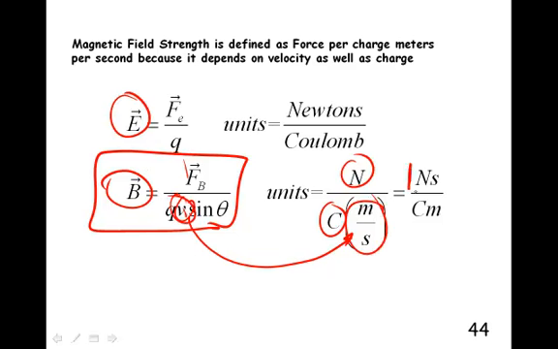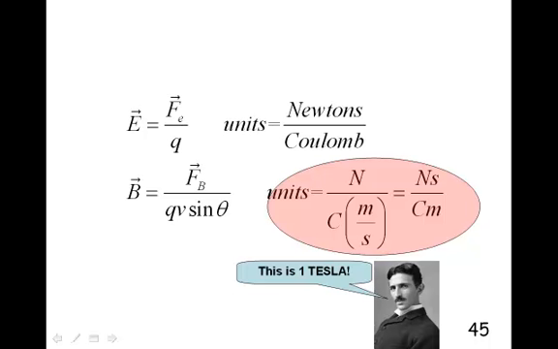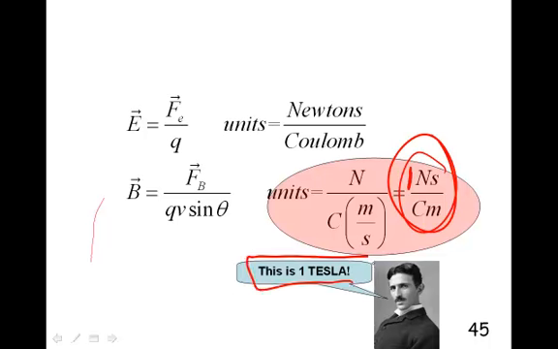And if we take the seconds and put them up here, this is the unit for magnetic field, and we call 1 newton second per coulomb meter 1 Tesla, named after the famous physicist Nikola Tesla.